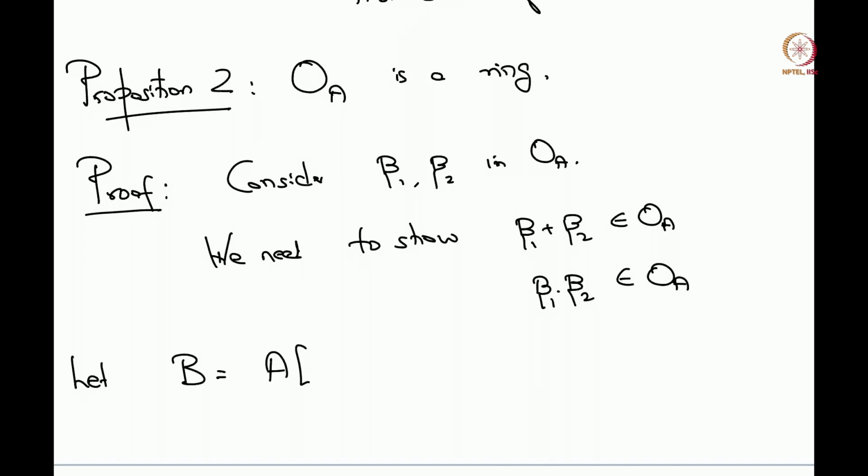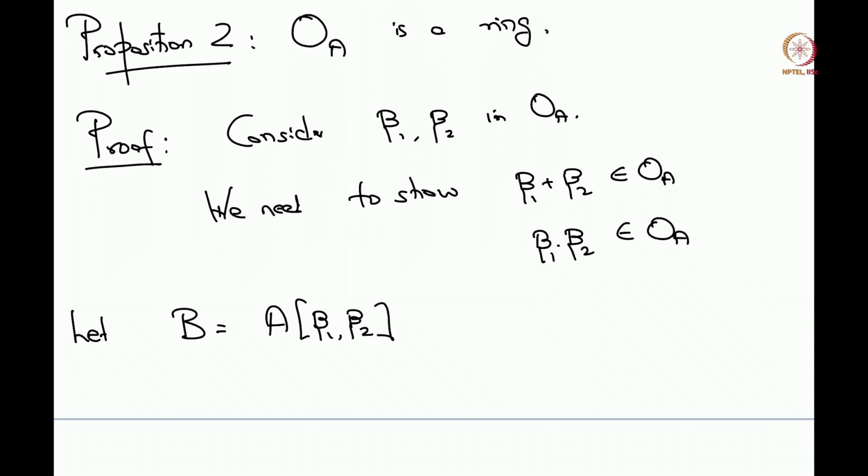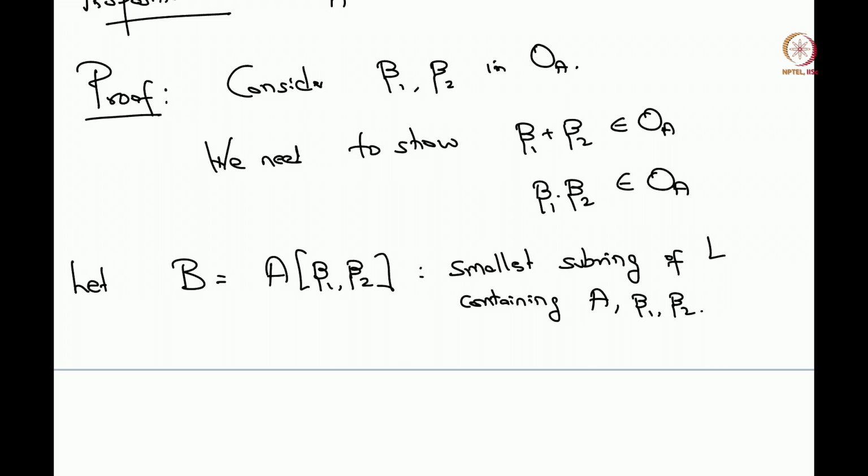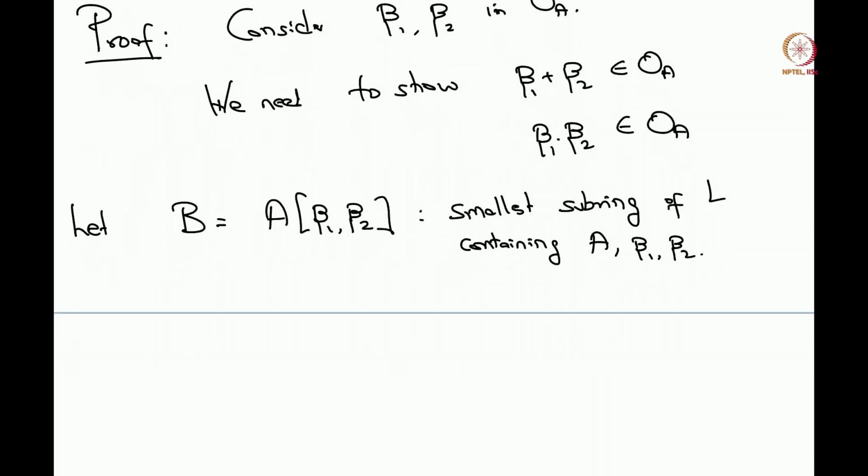So you look at A adjoin beta 1 and beta 2. So this is the smallest subring of L containing A, beta 1 and beta 2. I want to get a sequence of inclusions of domains just as I've been discussing so far.